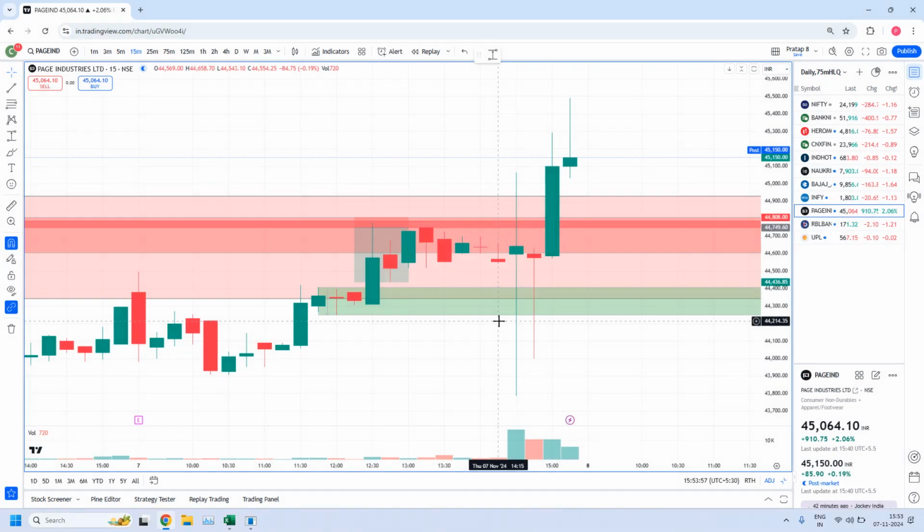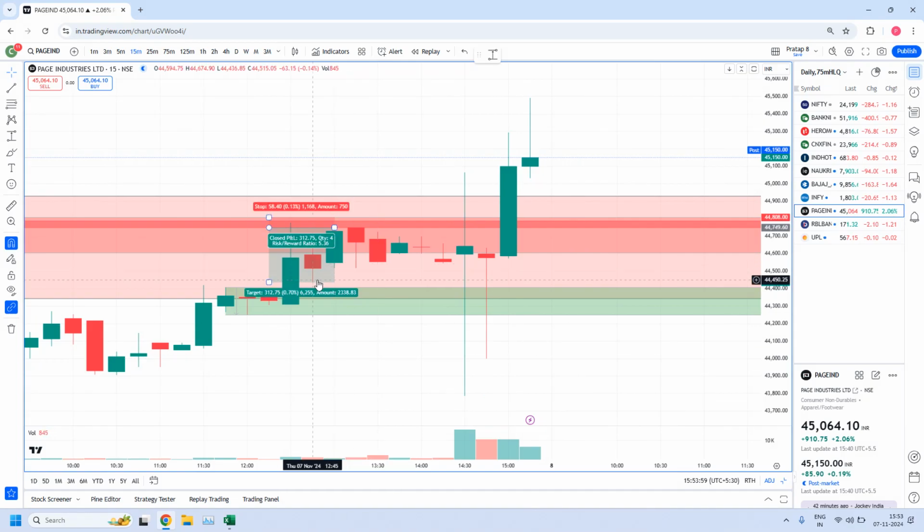So 1:5.36 RR is there, till the low of this candle. So what is the maximum opportunity it has given, that I am calculating. I am sure some of you would have exited at 1:5 RR. Some of you might have been waiting for even the 15 minute zone, and probably after that prices were moving up, and with the 1 minute trailing stop loss, you might have exited your trade. Those people would have exited here.